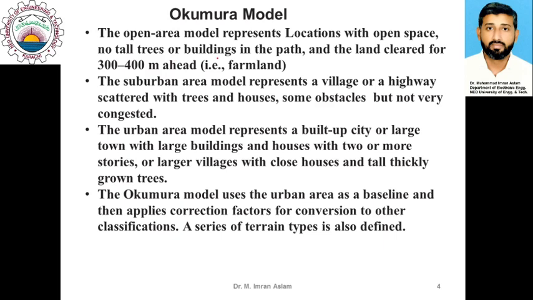There are no tall trees or buildings in the path, and typically we have clear land up to 300 or 400 meters from the transmitter. So generally this type of environment is characterized as an open area environment, or you can take an example of farmland as this environment. The suburban area model generally represents villages or highways where you have scattered trees and houses.